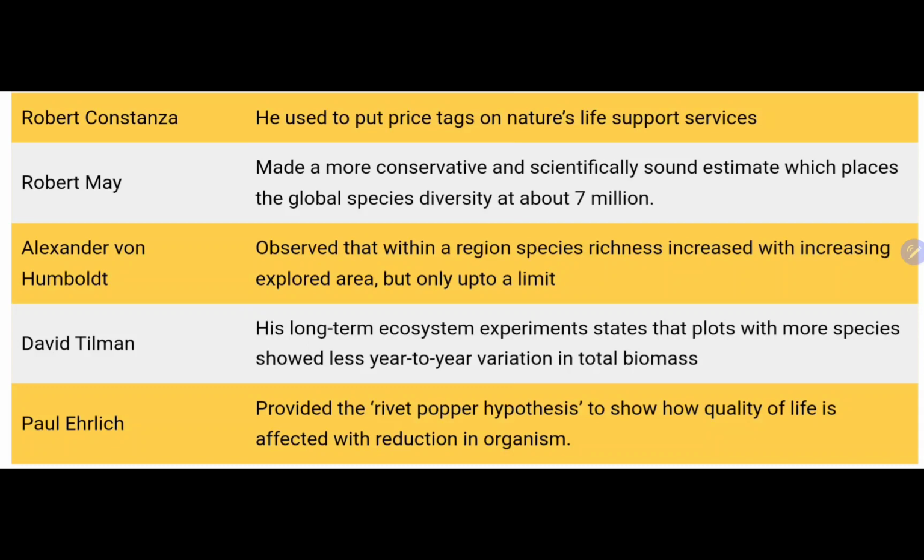Alexander von Humboldt observed that species richness increases with increasing area explored, but only up to a certain limit. David Tilman's long-term ecosystem experiments state that plots with more species showed less year-to-year variation in total biomass.